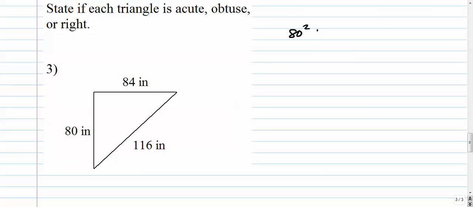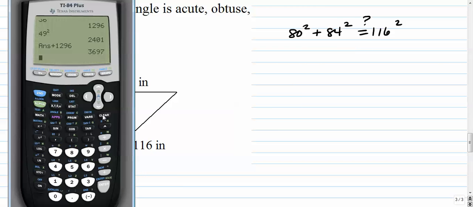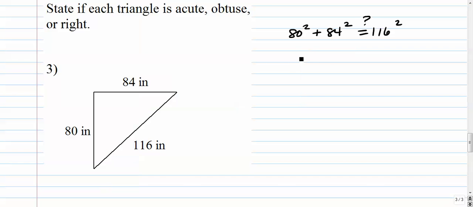Last one, number 3. The question says state if the triangle is acute, obtuse, or right. So we're going to throw those three sides through the Pythagorean theorem. 80 squared, I'm going to do this all at once, one step, plus 84 squared, that's 13,456.